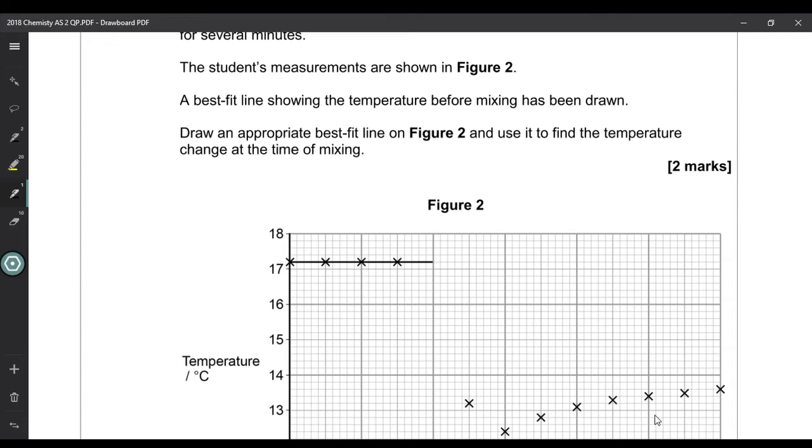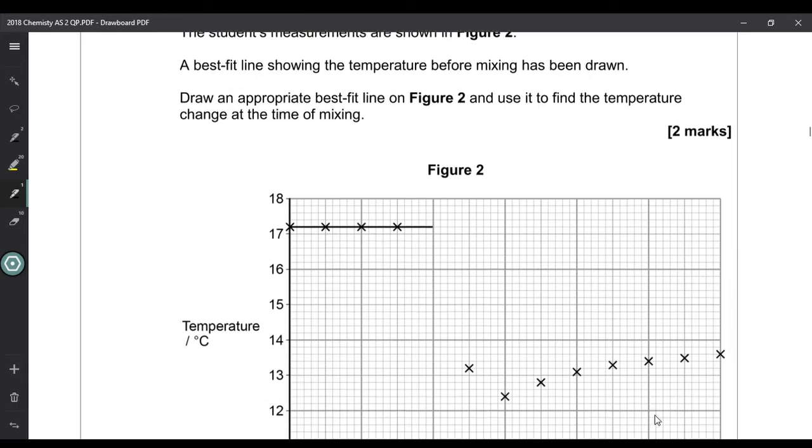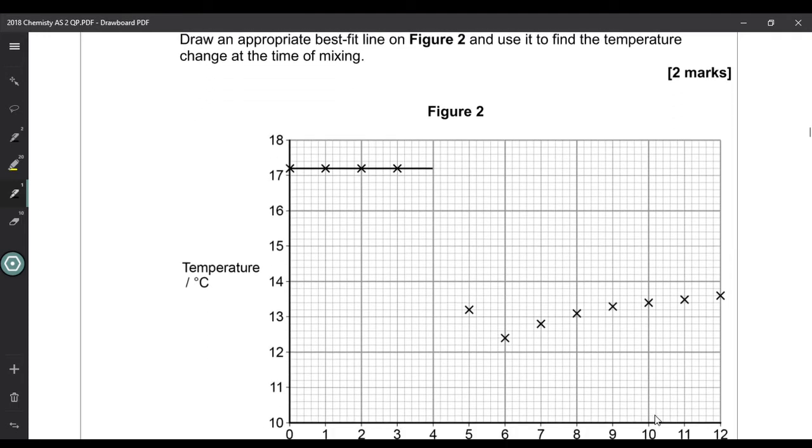Now, if we have a look at this, we can see straight away that this value here doesn't really fit with the rest of the data. So we're going to ignore that in drawing our line of best fit. Now, a lot of students did a straight line for this, but it looks more like a curve. So what I'm going to do is do a line of best fit as a curve through these points.